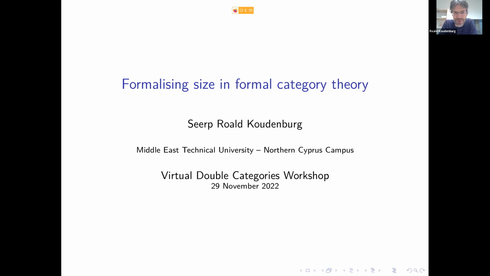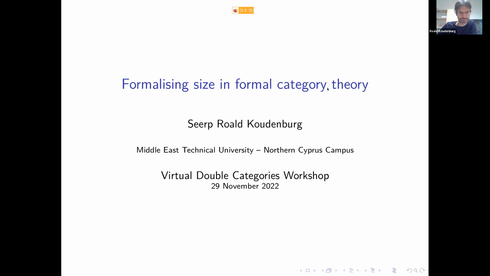And we'll focus on formalizing the classical Yoneda embedding and also formalizing classical notions of size, like small categories and locally small categories. And especially with these formal notions of size, we will see some advantages over the traditional approach to formal category theory that's using mostly two categories.